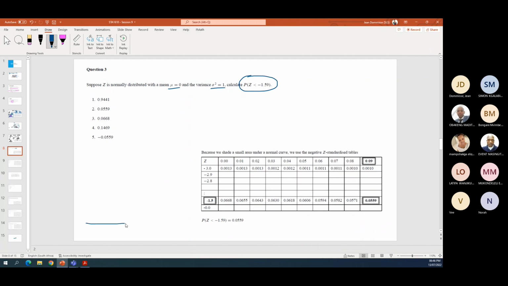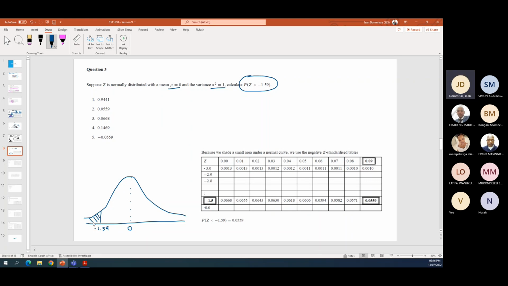So if I look at that again, there's 0. Let's say that is minus 1.59. It must be smaller than that area.